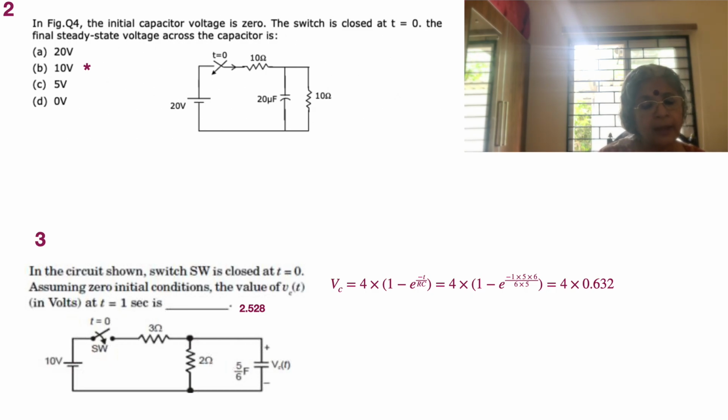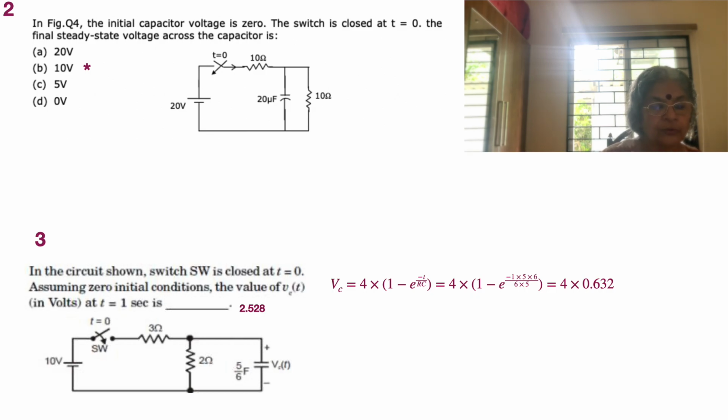Now to find out R, we short circuit the voltage source, which is 10 volts, and we see that because the switch is already made, if the switch were not there, it would have been only 2 ohms. Now 2 and 3 in parallel gives you 2 into 3 by 5, which is 6 by 5.